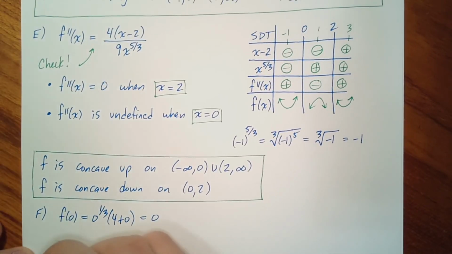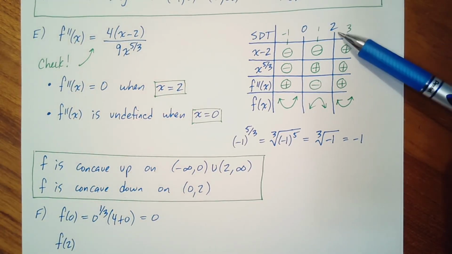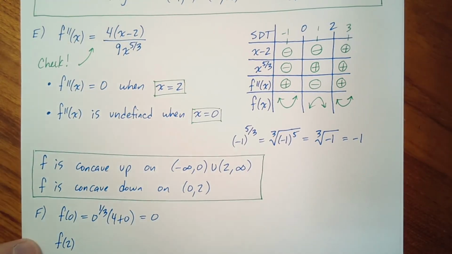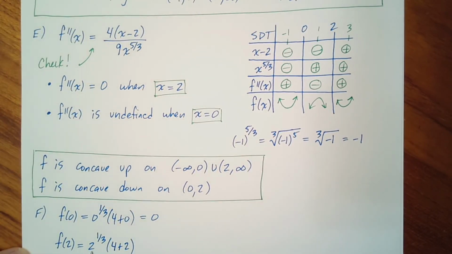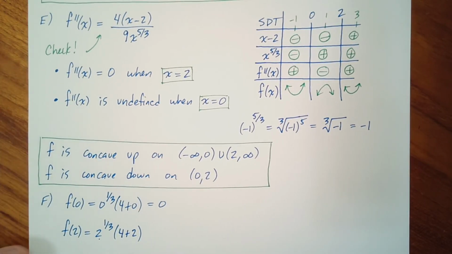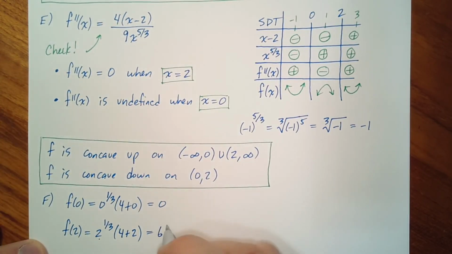Then f of 2. F of 2, we're going to have 2 to the 1/3 times 4 plus 2. So 2 to the 1/3, that's a cube root of 2. And 4 plus 2 is just going to be 6. So this is going to be 6 times a cube root of 2.